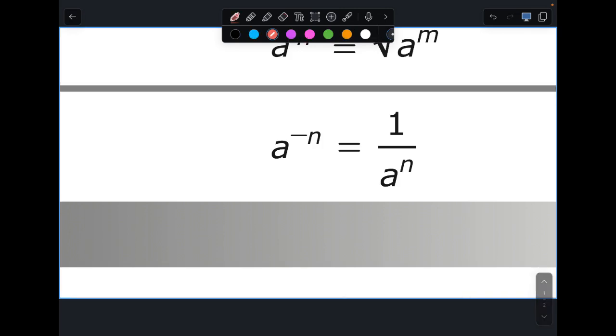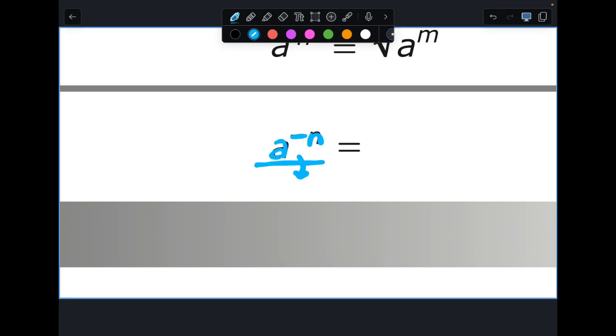the negative rule. The negative rule looks weird here. This is the only one that looks weird on the formula chart, so I'm just going to do it this way. Remember, if you have a negative exponent, you cannot have a negative exponent in your final answer. So you turn it into a fraction and move whatever it is to the denominator. Or if it's negative in the denominator, you move it to the numerator, right?